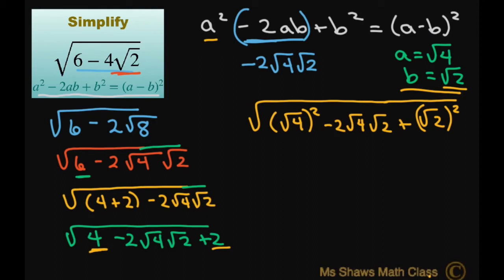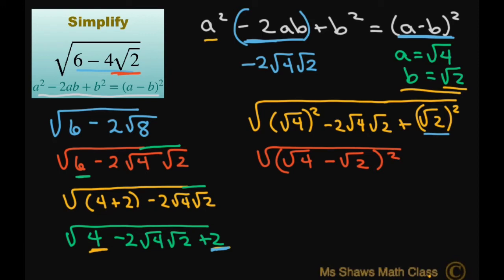And again, square root of 2 squared gives me back my 2, so I'm not changing it at all. Now I'm going to write it in this format. Since we have a perfect square trinomial, I can write this as square root of 4 minus square root of 2, because that's your a and b, and then square it on the outside.